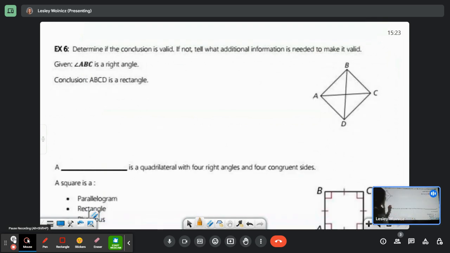All right, what about this guy? We know that ABC is a right angle. Do we know that this is a rectangle?